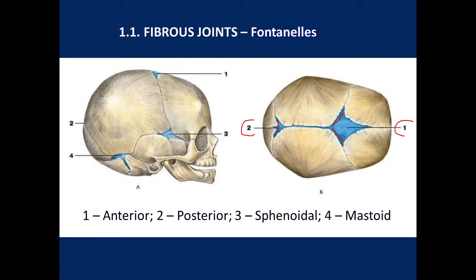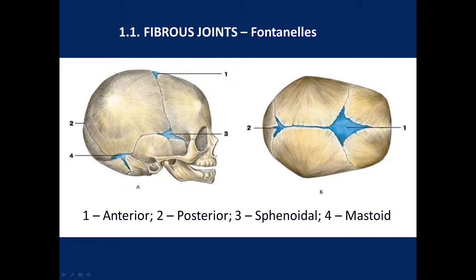We see only one of each. But fontanelles number 3 and 4, called the sphenoidal fontanelle and the mastoid fontanelle, because the last one is located at the position of the mastoid process, are paired.